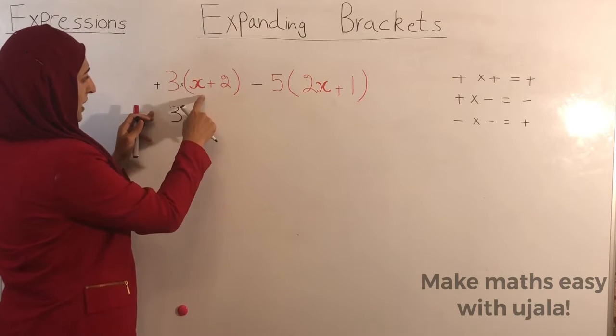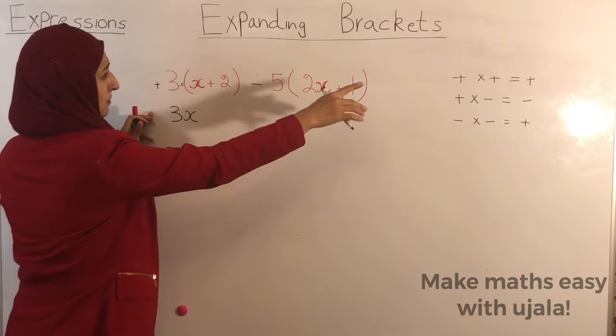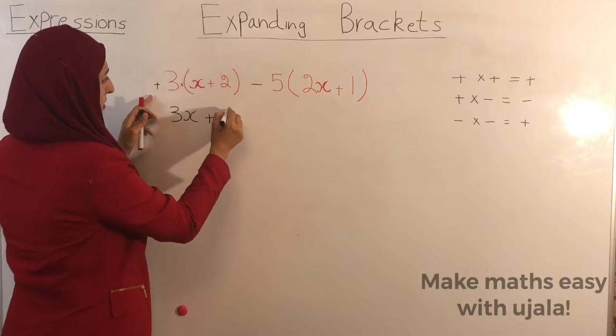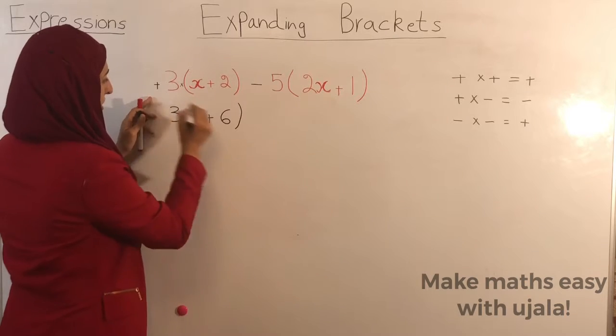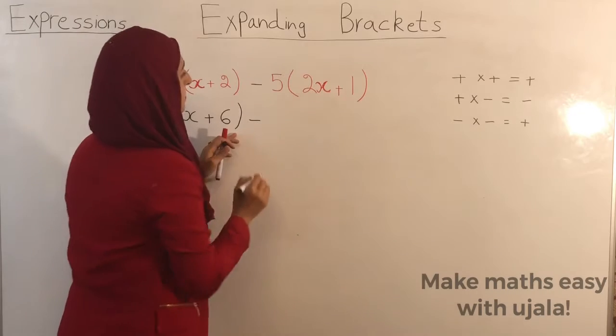So 3 times x, 3x, plus times plus, plus 3 times 2, 6. I will still keep them in a bracket. There's a negative sign in the middle.